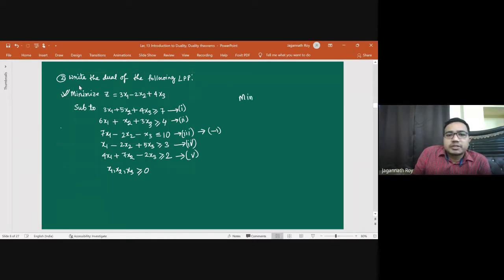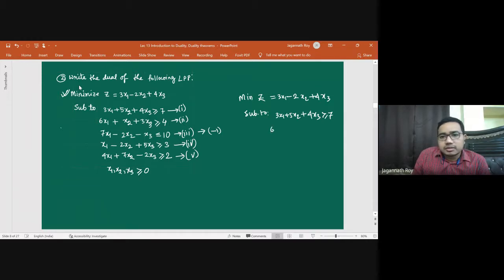So minimize z equals 3x1 minus 2x2 plus 4x3, subject to 3x1 plus 5x2 plus 4x3 greater than or equal to 7.